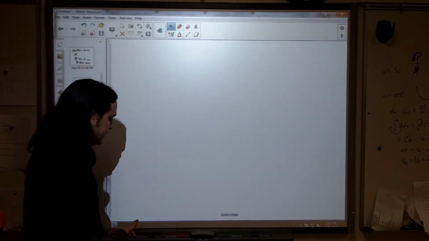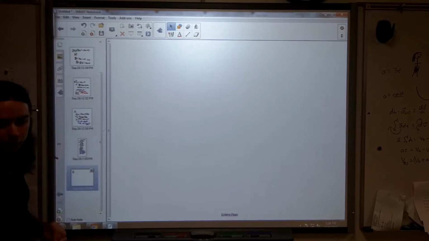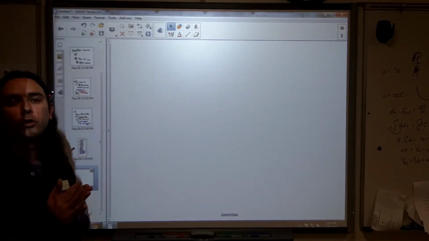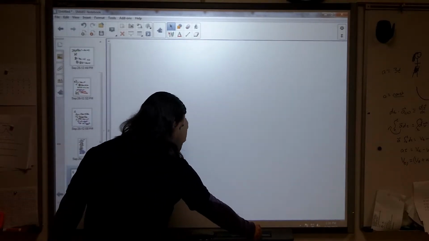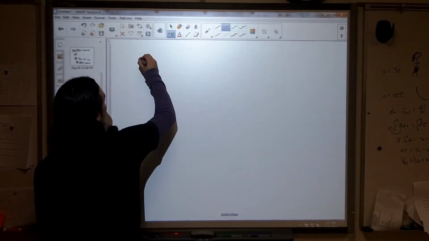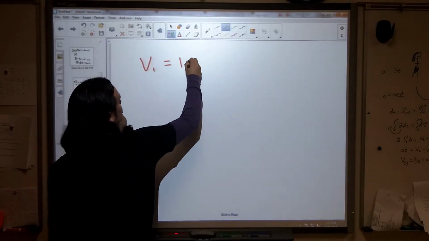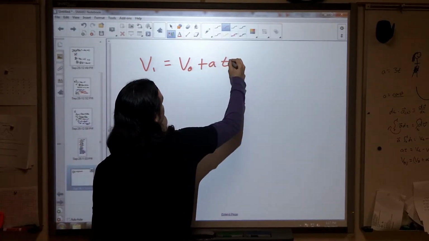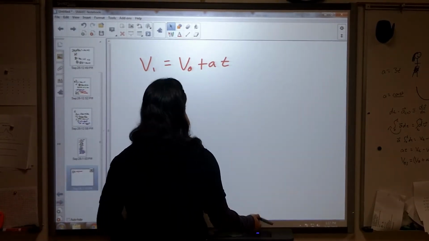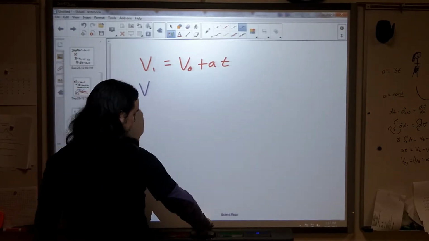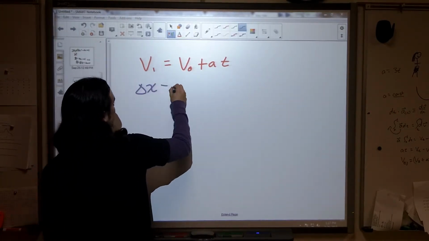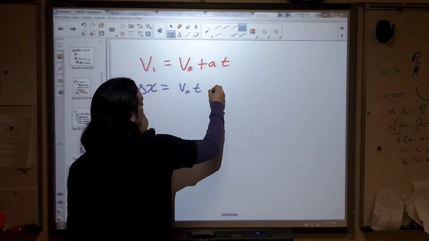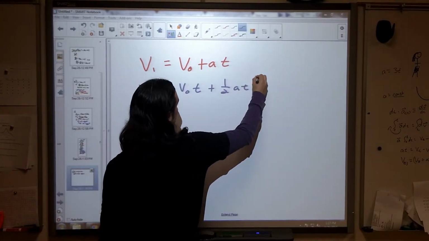So for instance, let's say that I want the third equation. The third equation has no initial velocity. So here's what I'm going to do. I have two equations. I've got v final equals v initial plus a t, and I've also got delta x equals v initial times time plus 1/2 a t squared.